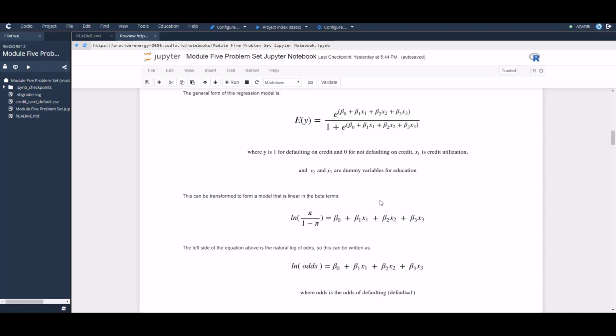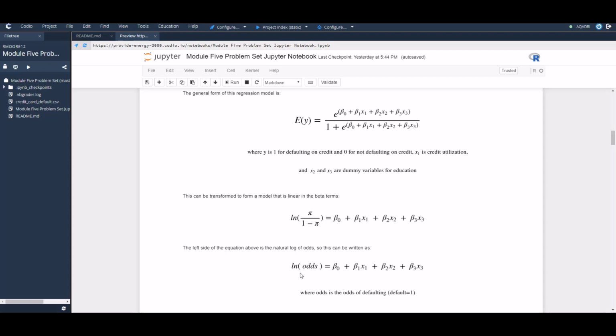So this is slightly preferred over this. Well, first, because I think it's simpler to understand. The right-hand side here is a linear equation. And also, I think that everyone is sort of aware of what odds are.